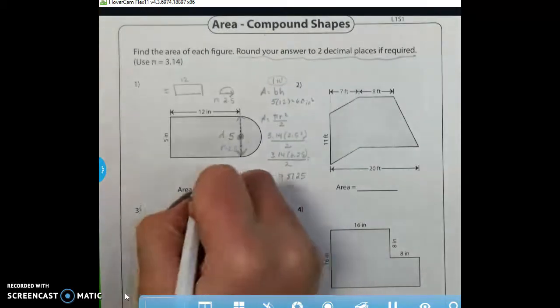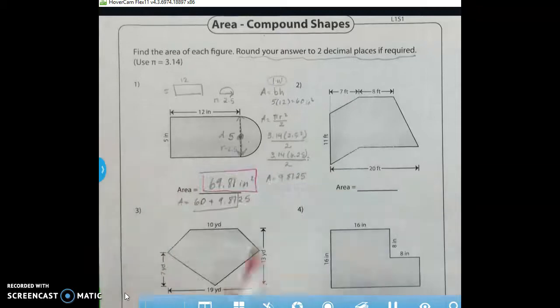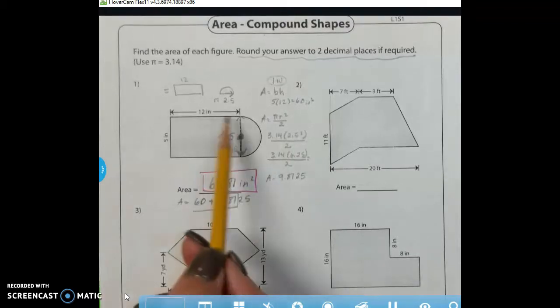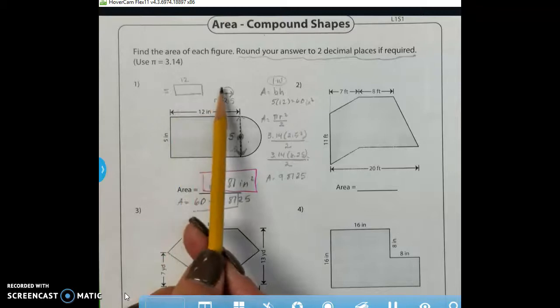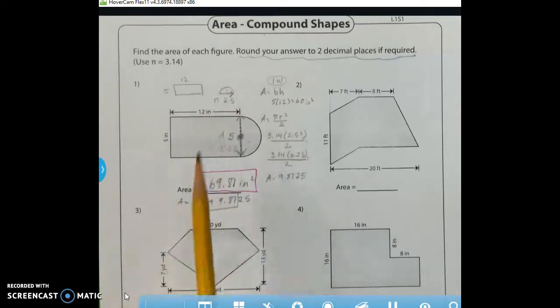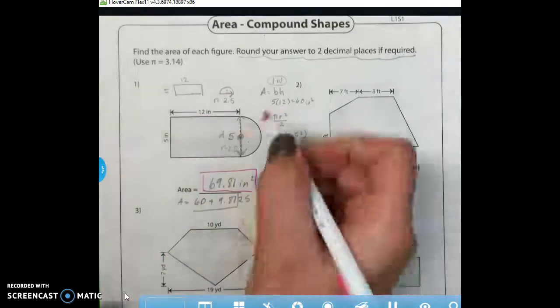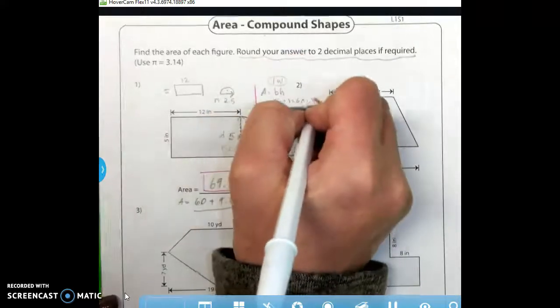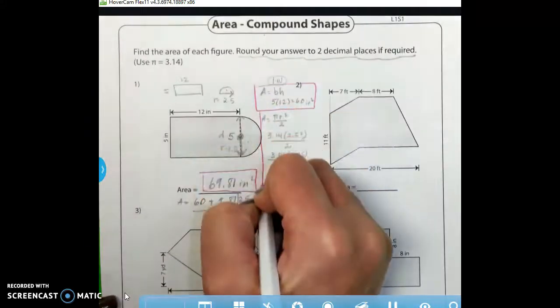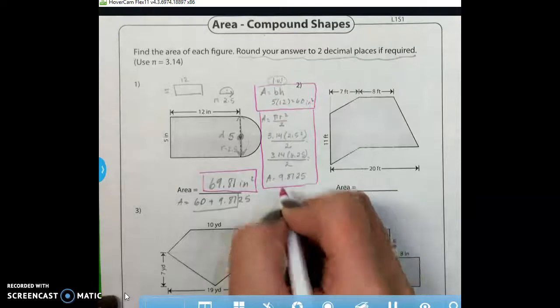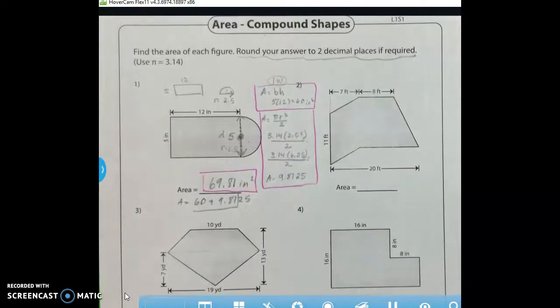Now I'll go ahead and box my final answer. All right. So again, what we're trying to do is to break down our composite shape into 2 or 3 basic shapes, find the area of each section, of each part, and then combine our work.